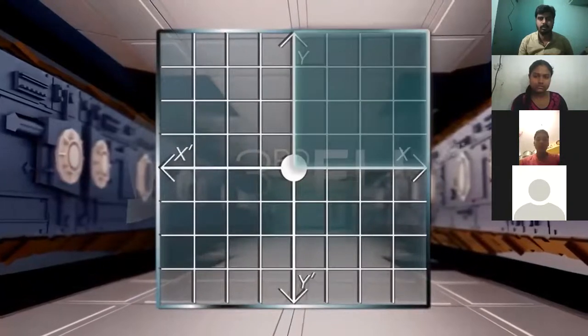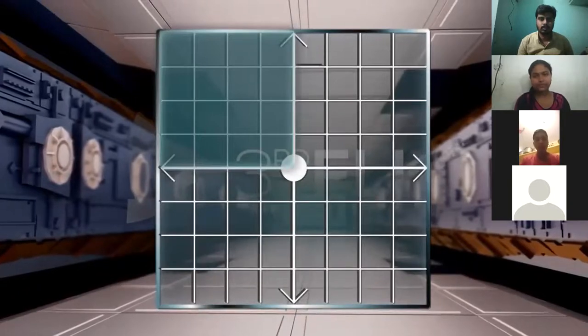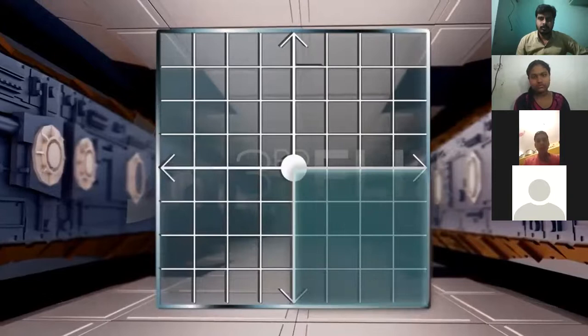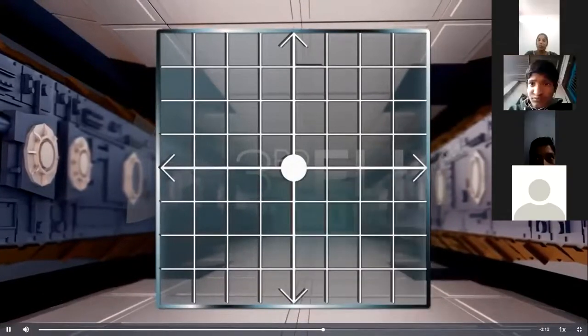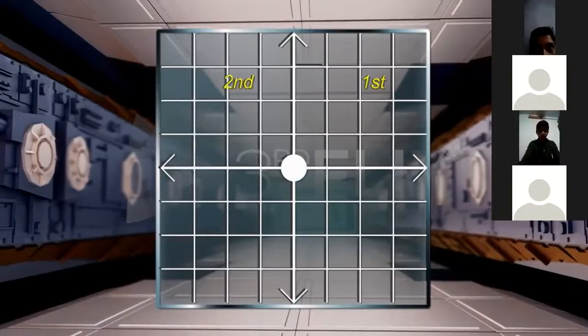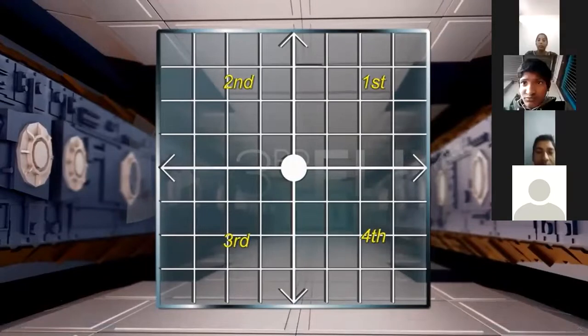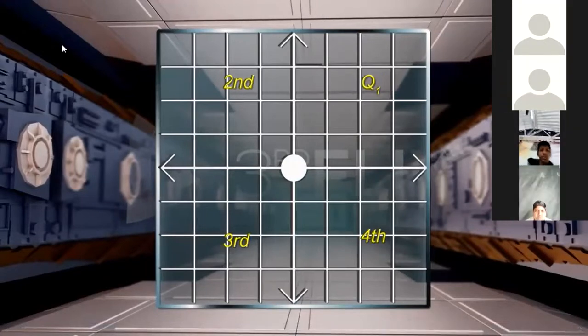The regions XOY, YOX', X'OY', and Y'OX are called the first, second, third, and fourth quadrants respectively, and are denoted by Q1, Q2, Q3, Q4 respectively.